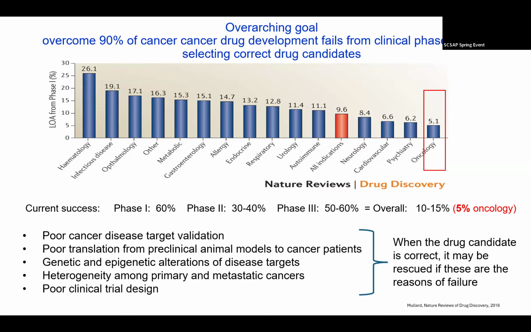The current thinking is that the reason all those clinical trials fail is that either the disease target is not validated, or there is poor translation from animal to human, or genetic or epigenetic change, or heterogeneity among primary and metastatic patients, or a different patient population, or just simply poor clinical trial design.